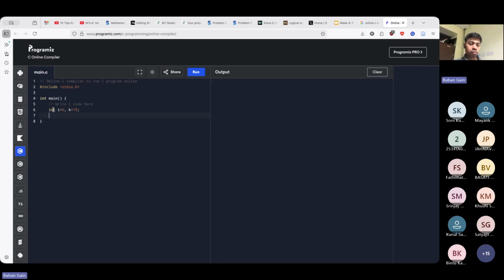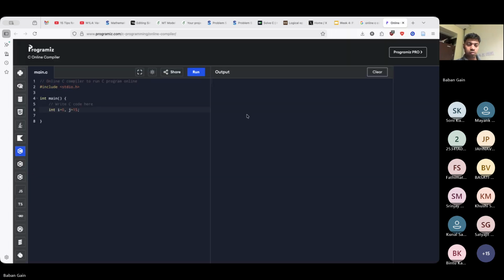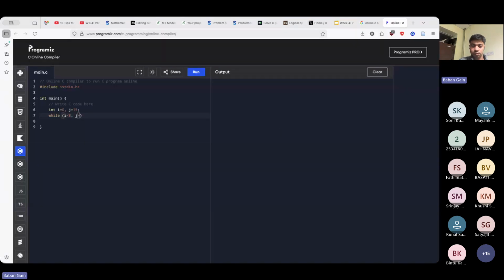Int i equal to 0, j equal to 15. I less than 8, j greater than 9, i plus plus, j minus minus, printf.